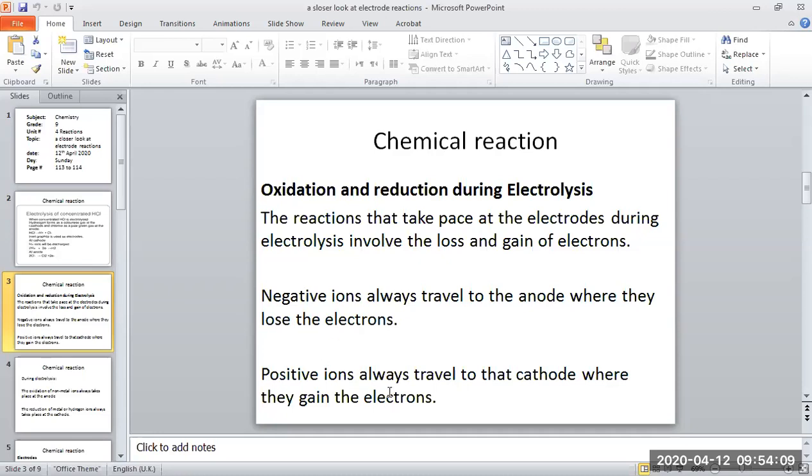The positive ions always travel toward the cathode where they gain electrons, because the cathode is negative and opposite charges attract each other.